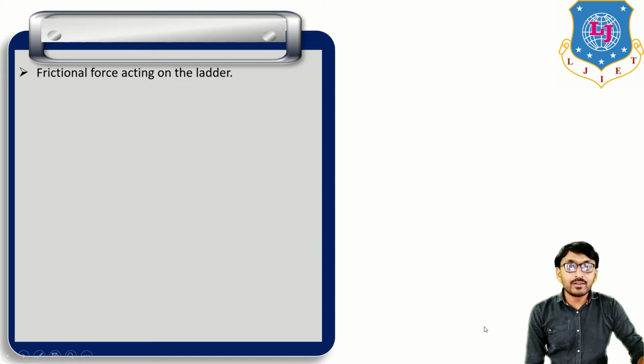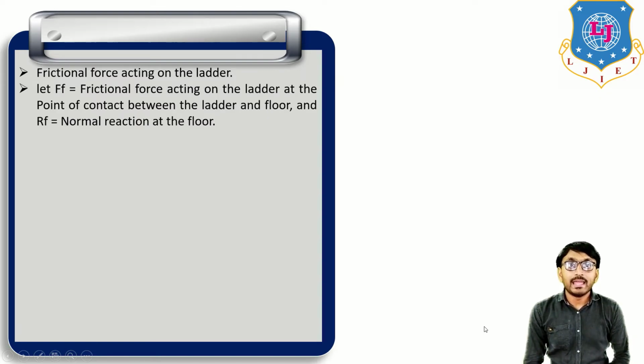Now the frictional force acting on the ladder. Let FF be the frictional force acting on the ladder at the point of contact between ladder and floor, which is point A. At point A, FF is the frictional force and RF is the normal reaction.